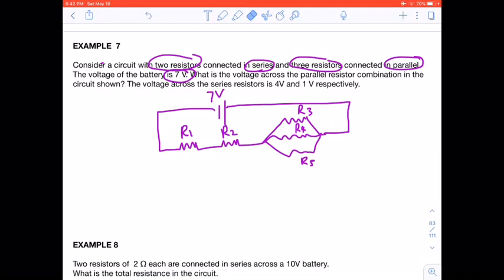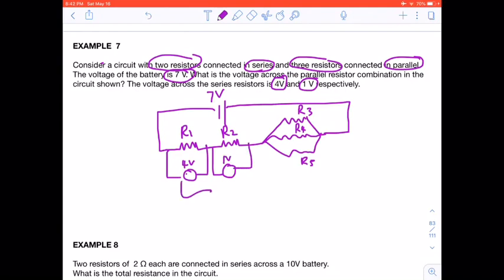Now here it says, consider this, the voltage of the battery is 7 volts. What is the voltage across the parallel resistor combination? In the circuit shown, the voltage across the series resistors is 4 volts and 1 volt respectively.